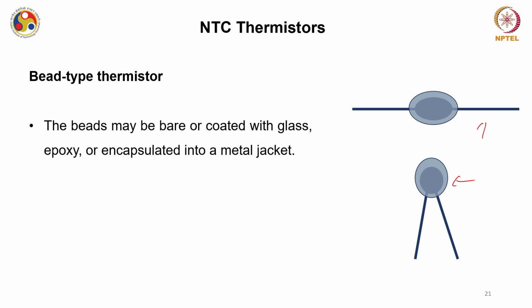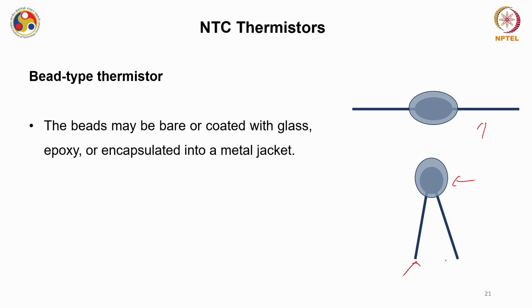The bead may be bare or coated with glass, epoxy, or encapsulated into a metal jacket. So these beads are nothing but the ceramic material which is acting as an NTC. If you remember, I have just mentioned that these NTC thermistors are some common metal oxide based material like iron oxide, manganese oxide, etc. So you can deposit them in the shape of a bead.